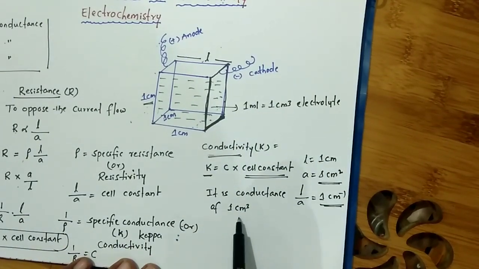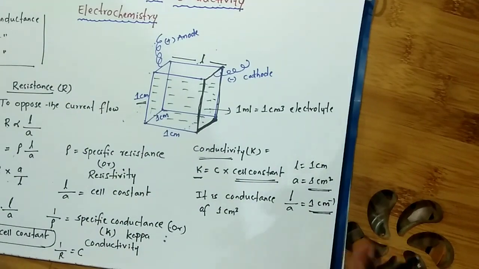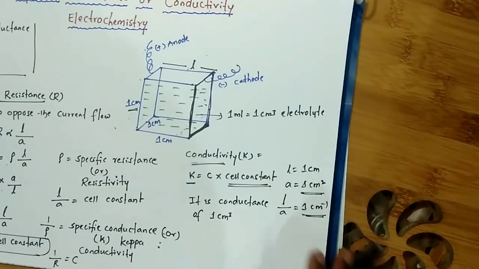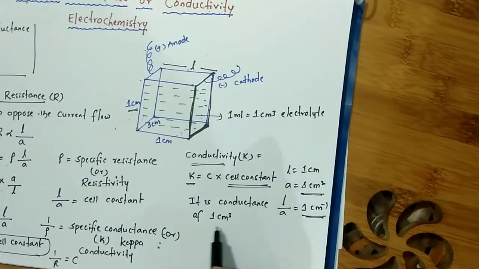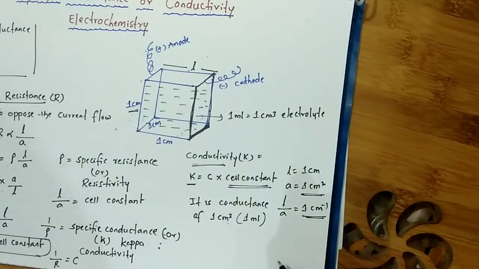Why are we taking 1 centimeter cube? Because the distance between electrodes is 1 centimeter and the area of cross section is 1 centimeter square, so the total volume is 1 centimeter cube, which we consider as 1 ml.